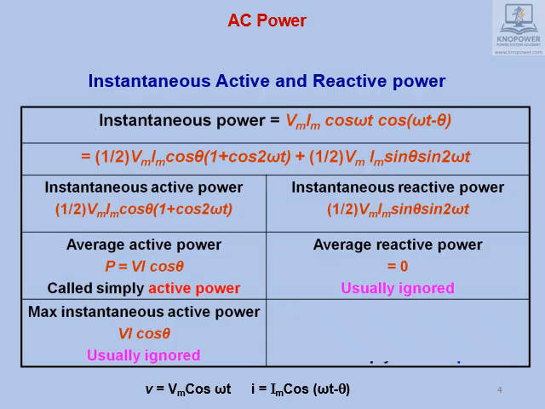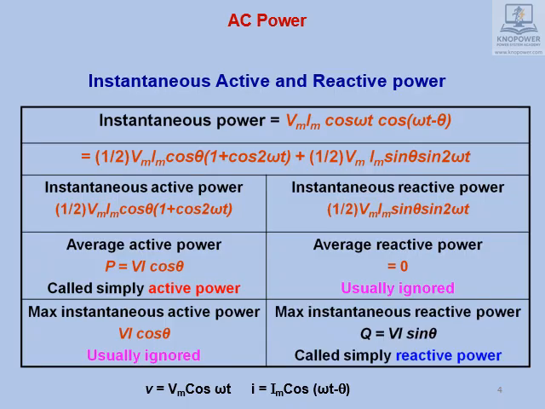Since it is 0, irrespective of the power factor angle theta, no additional insight is obtained and hence this is ignored. The maximum amplitude of reactive power is VI sin theta. It is 0.6 around an average value of 0, in the worked out example. It is simply called reactive power Q.